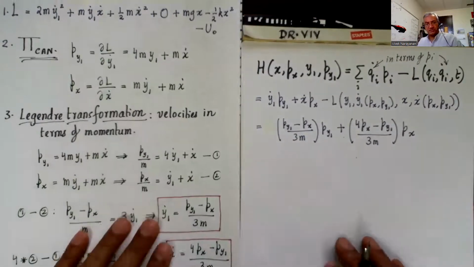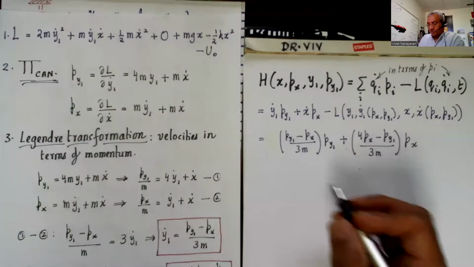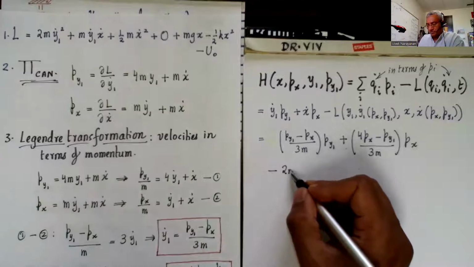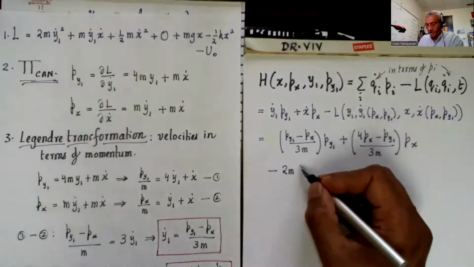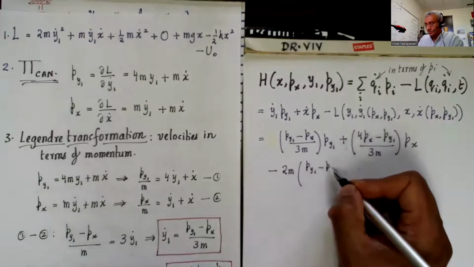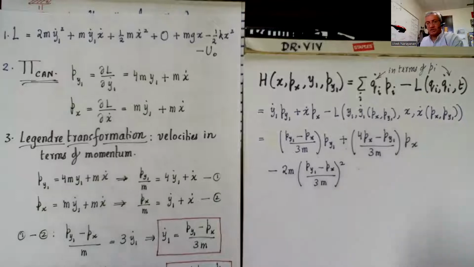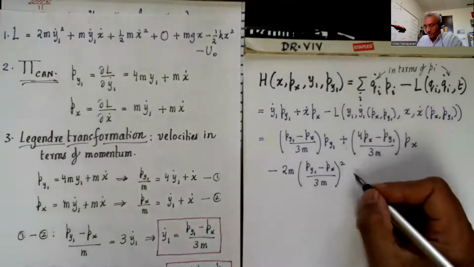Now the Lagrangian. Minus 2m y1 dot squared. I get that. Okay, so you can already sense a fair bit of algebra that's going to happen.